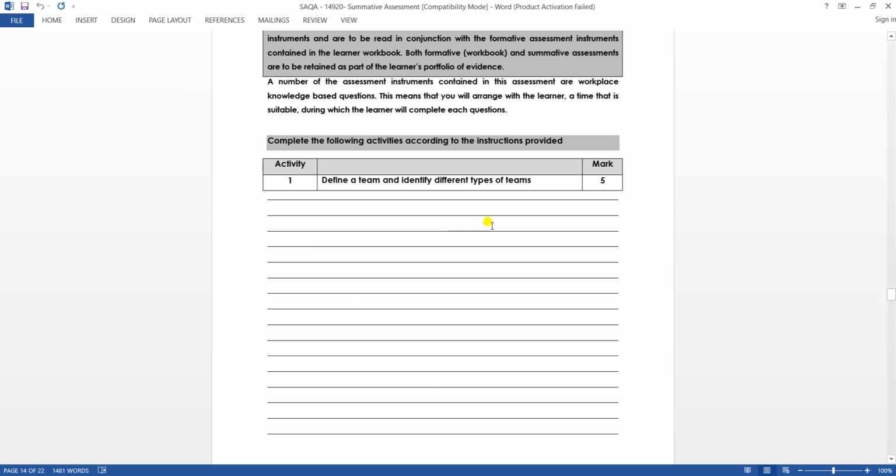So based on the evidence that you have provided, you can just copy out your answers and paste them to your summative assessment. But you shouldn't copy everything, because the techniques used to structure your summative and formative assessments are different. So you only copy out the answers, not everything.